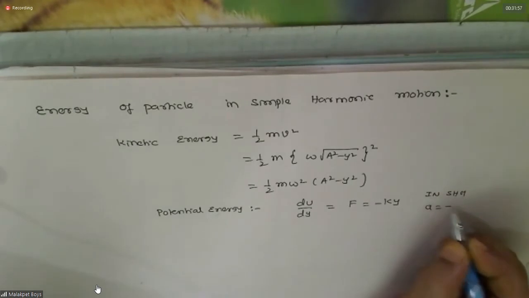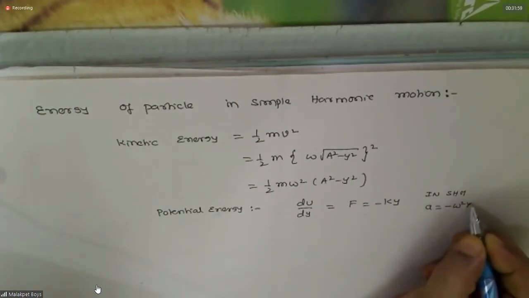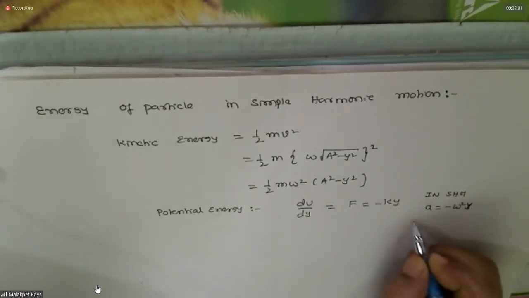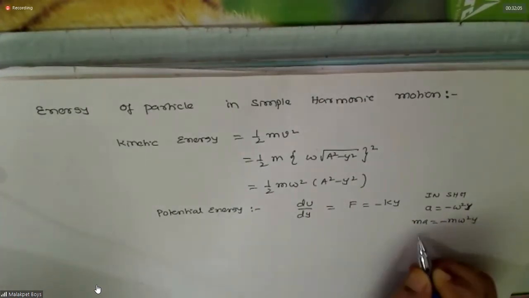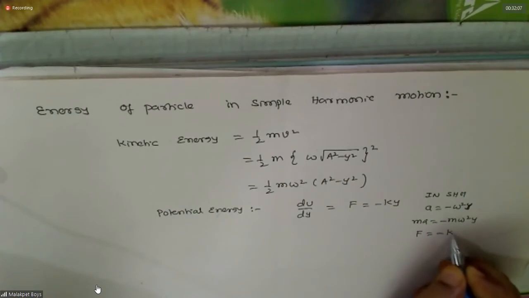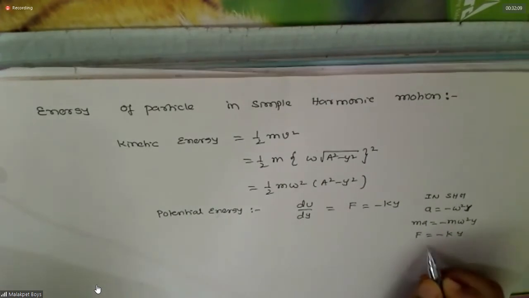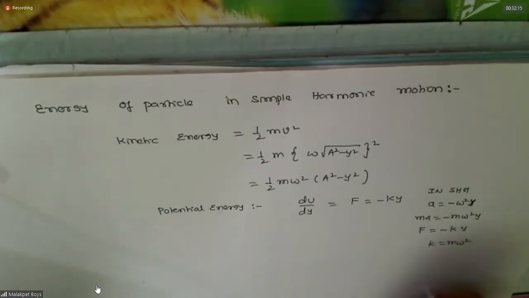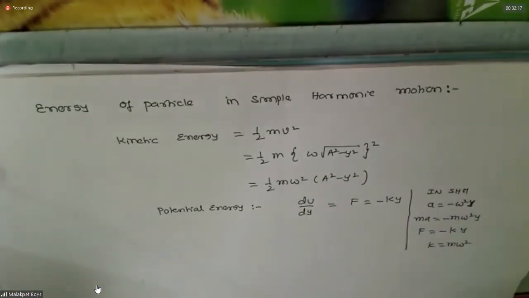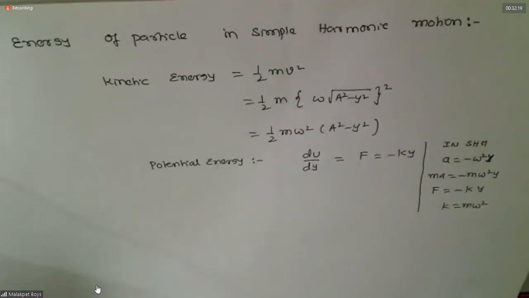Acceleration is... so this is F, k equals m omega square. Can I take like this? Understood this?